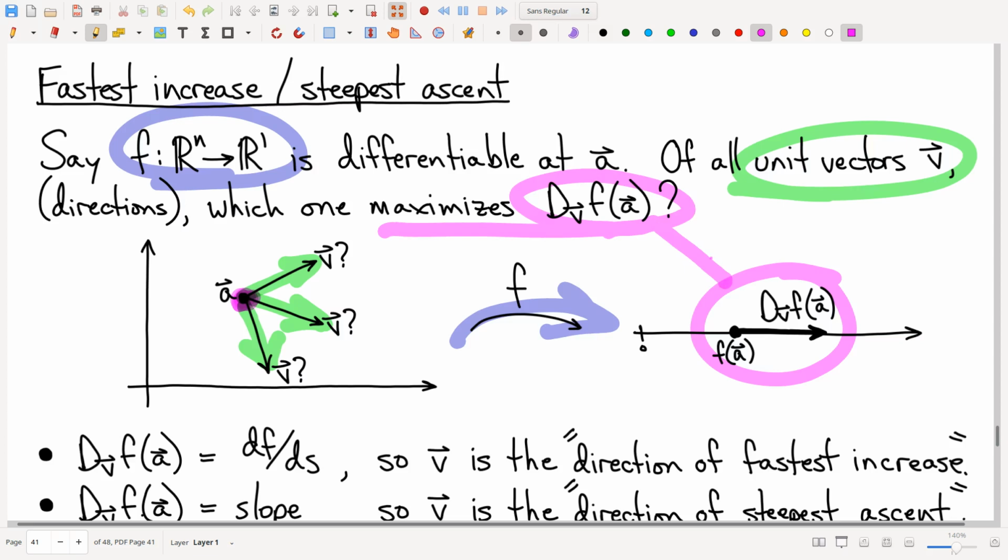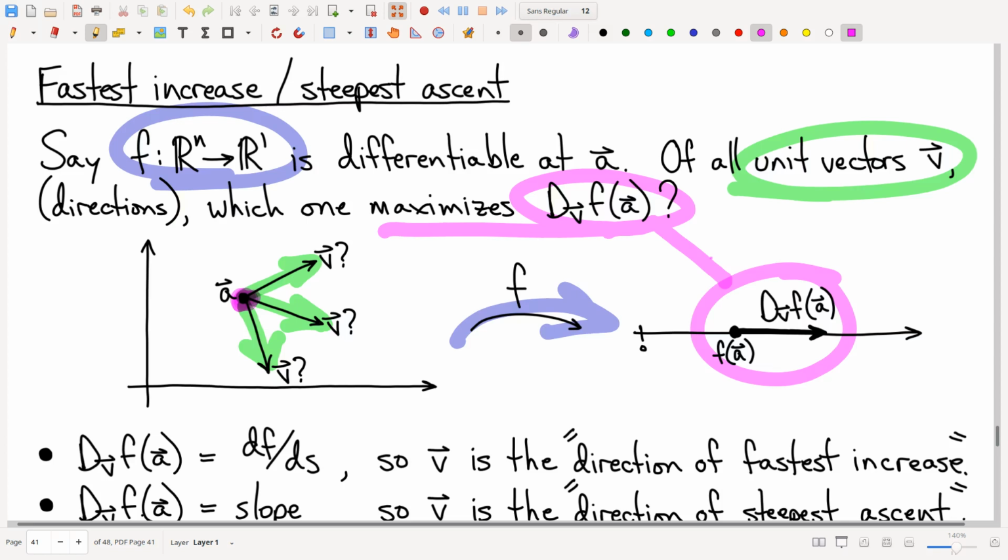Of all these different input unit vectors, of all these different directions I could start walking, which one maximizes the rate of change? So in particular, I could imagine, this being February, maybe it's cold outside, and I'd like to know which direction do I walk to make it warmer. I'll go any direction, just which direction do I go to make it warmer as fast as possible? Plausible? Okay, so that's the question.